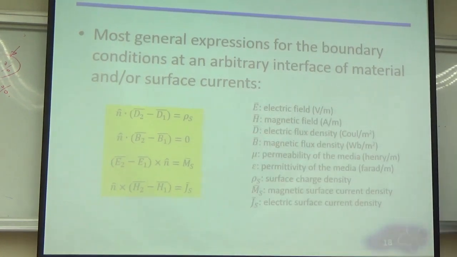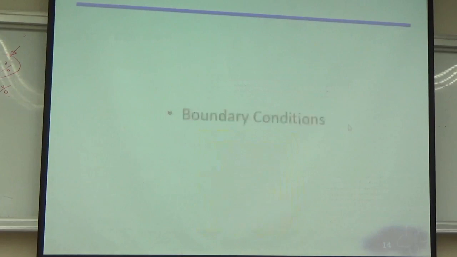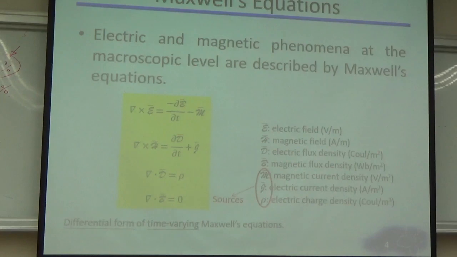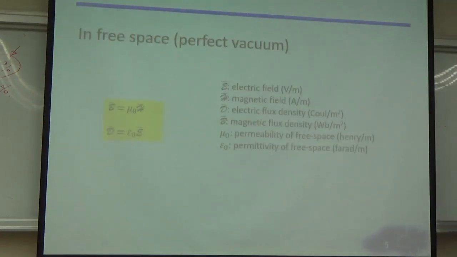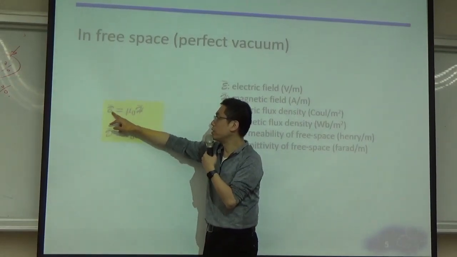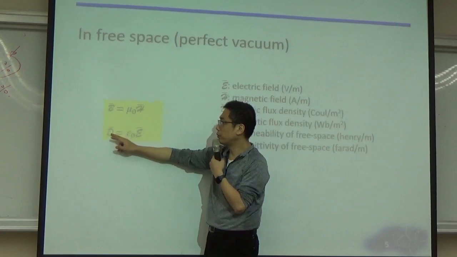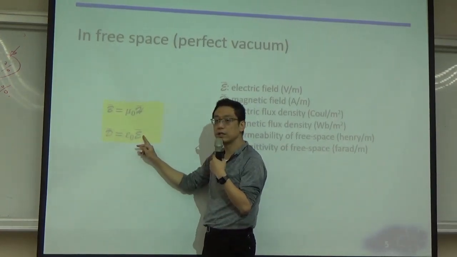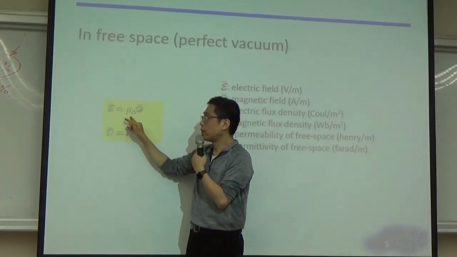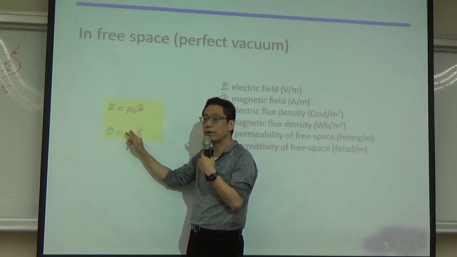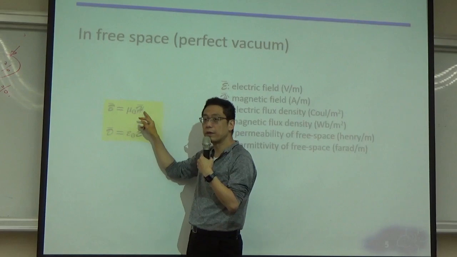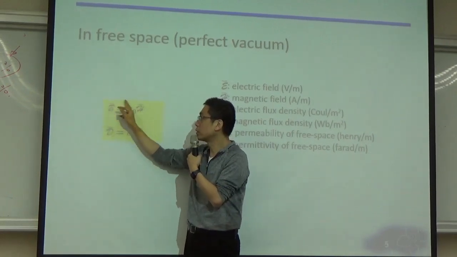You need to remember the definition of D and B from the very beginning. This is the relationship between B and H and the relationship of D and E. If you have a different material, for example, this is air, you use B equals mu 0 H. Remember, those are both vectors.